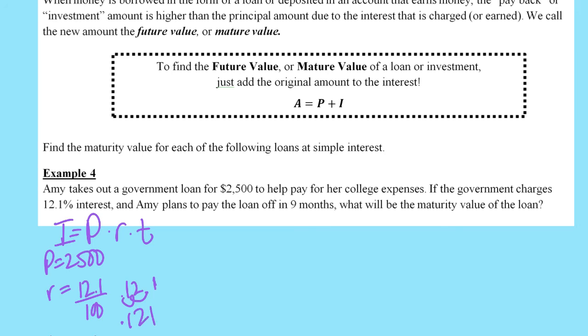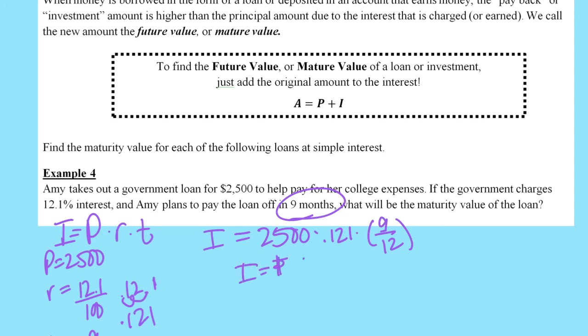And our time, she borrowed 9 months out of total 12 months. So the interest she is going to pay for borrowing this 2,500, pause it, and let's see if we agree. So her interest should be $226.88. That's her interest. That is not the maturity value.